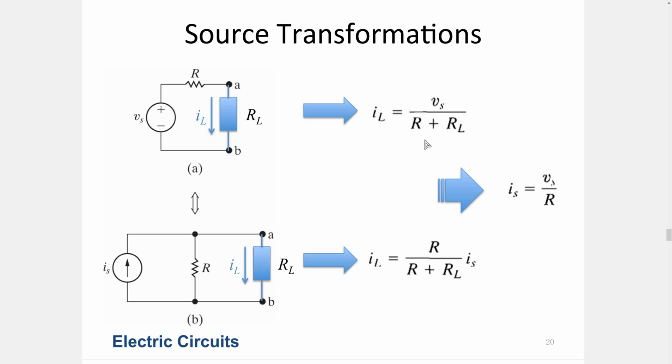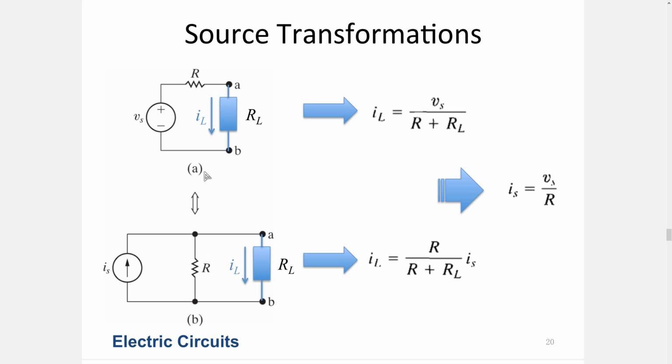So if we equate these two equations and reduce the denominators, then Is is basically Vs over R. So I can convert this circuit into this one, provided I set the value of Is as Vs over R. And the series connected resistor R is in this configuration parallel connected.